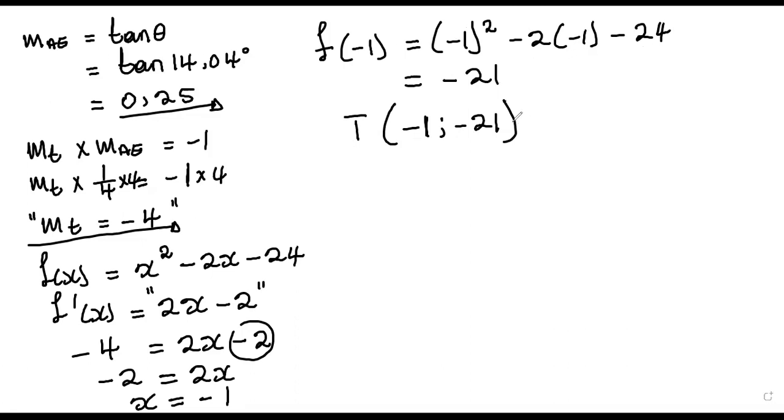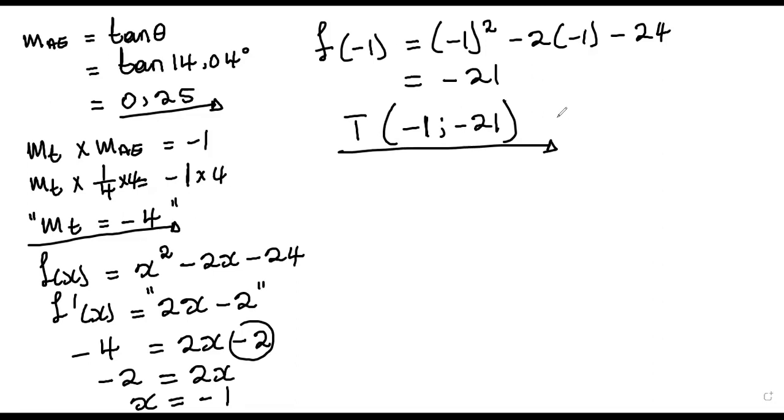And it makes sense because -1 is between -4 and 0, and -21 is between 0 and -24. Yes, because they told you T is between B and G. So this makes sense. How did we find it? We found the gradient of the tangent, and then we differentiated the function because the derivative is actually the gradient.